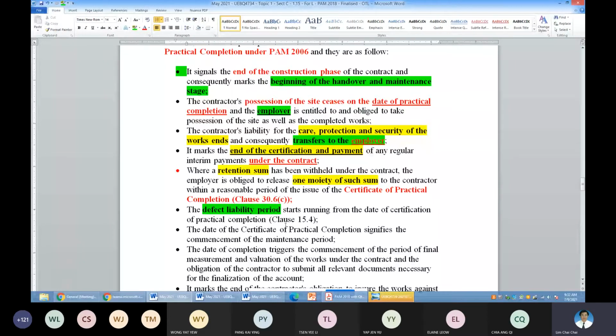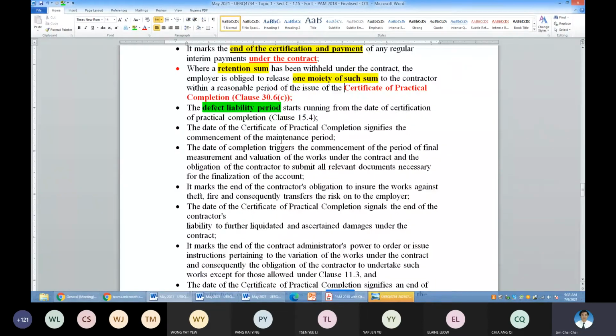This is important, so that the duration for the DLP is computed based on the date of the CPC. And how is the date of CPC to be achieved? Earlier I mentioned to you under your clause 15 how to determine the CPC commencement date. There are a few criteria to be complied with.